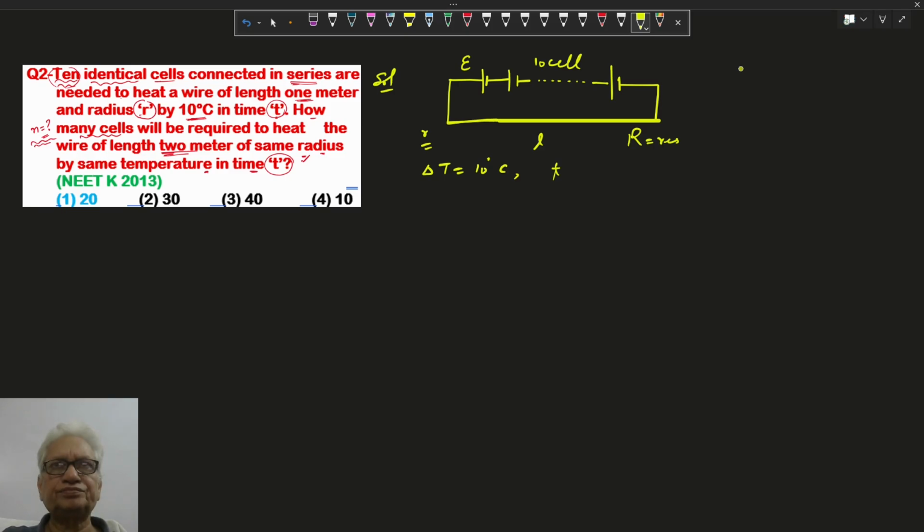So here heat will be equal to m s delta T, where m is the mass of this wire, s is the specific heat, and delta T is the temperature rise.